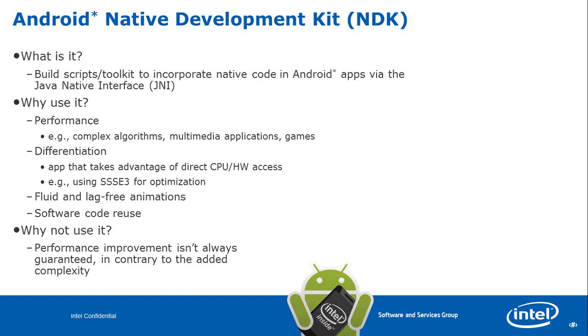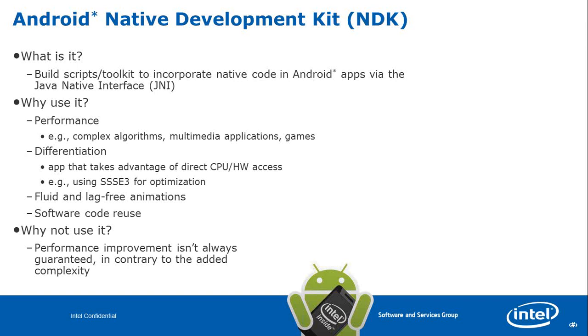What do you mean by fluid and lag-free animations? Here it's about compute-intensive applications, like I mentioned already, hardware encoding and decoding. When you want to offload some modules of the application onto graphics, that is the GPU, native code plays an important role. So if you want lag-free animations, go for NDK.